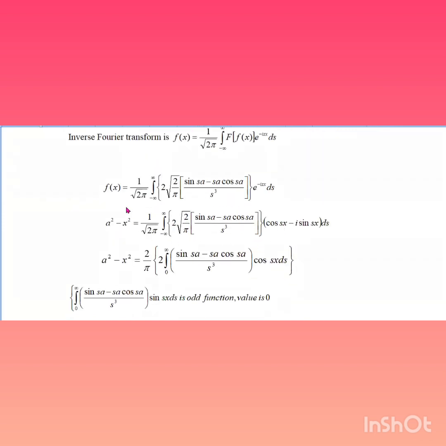So small f of x is equal to 1 divided by root 2 pi, integral from minus infinity to plus infinity, of the result we have just got: 2 root of 2 by pi, sin sa minus sa cos sa divided by s cube, into e power minus isx ds.